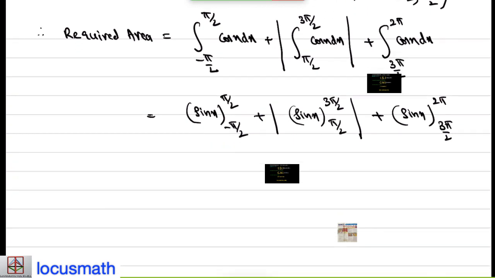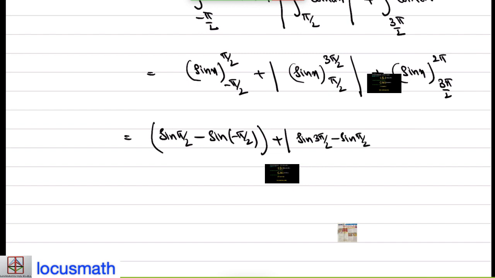So if you put the upper limit, this is sin pi by 2 minus sin of minus pi by 2. This is the first integral. Next, the second one is sin 3 pi by 2 minus sin pi by 2, plus sin 2 pi minus sin 3 pi by 2.